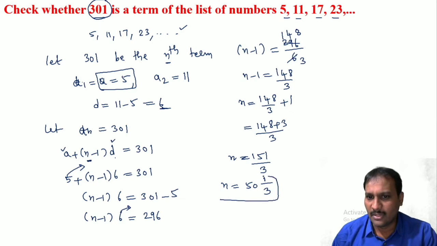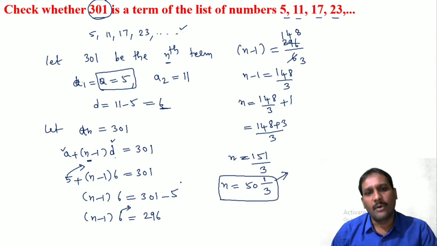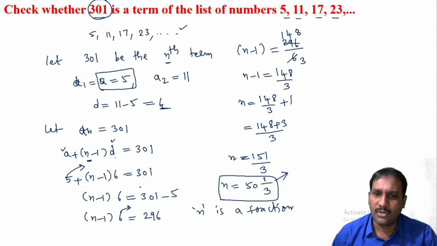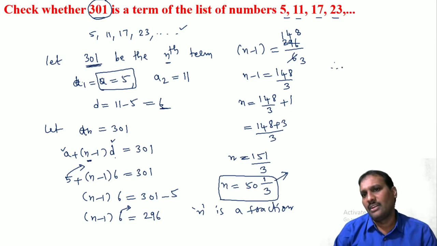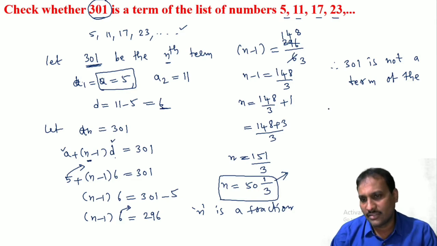So is it possible to have n like this? N should be a positive integer, but here n is a fraction. So this n is not possible, which means 301 cannot be in this list. Therefore, you can say that 301 is not a term of the given AP, because 151 by 3 is not a positive integer.